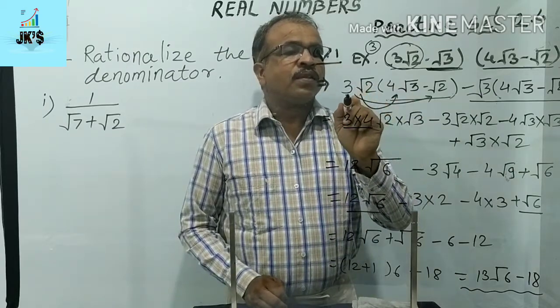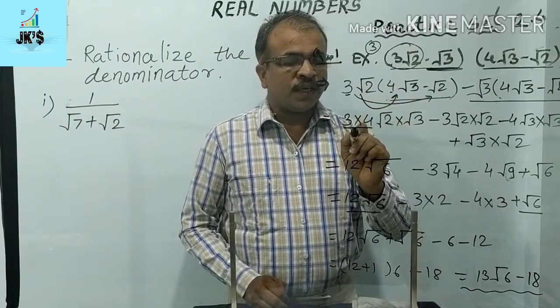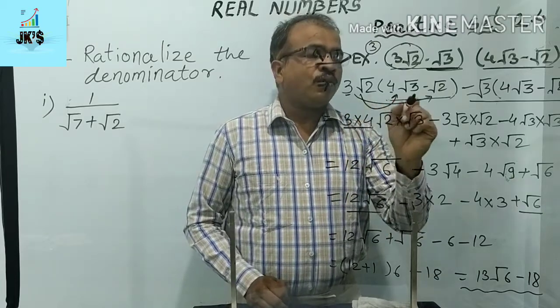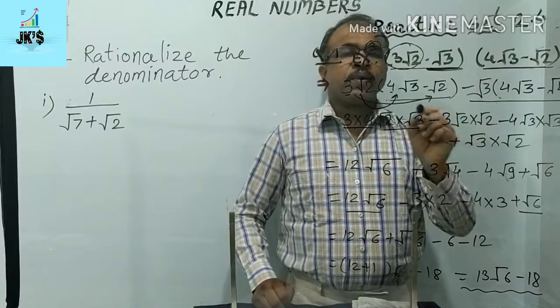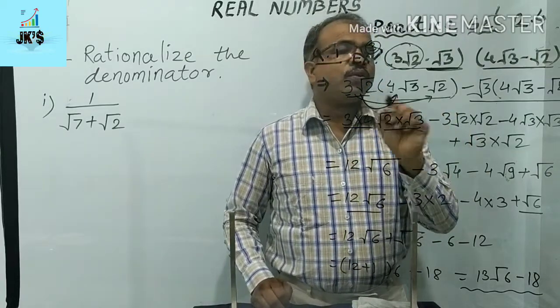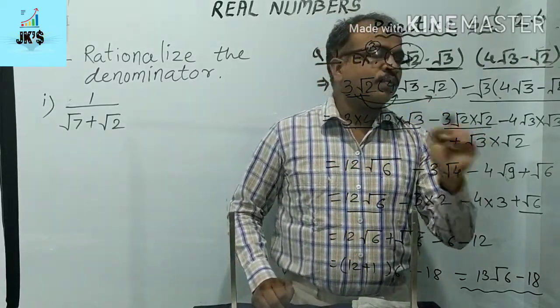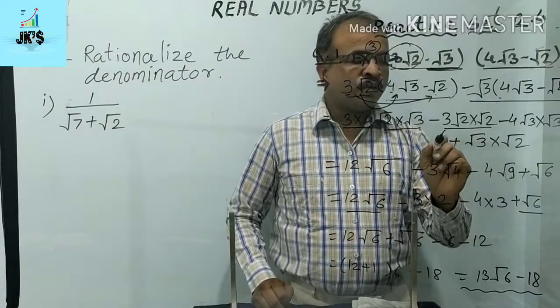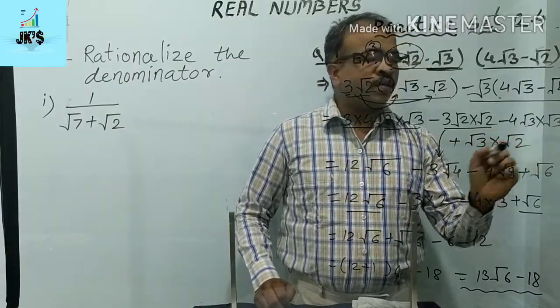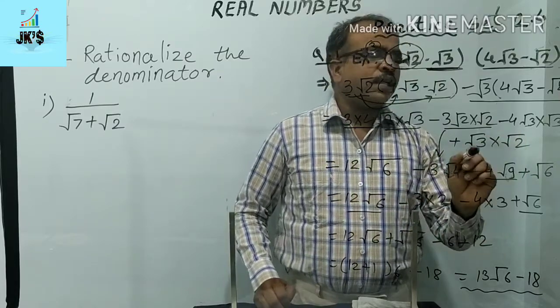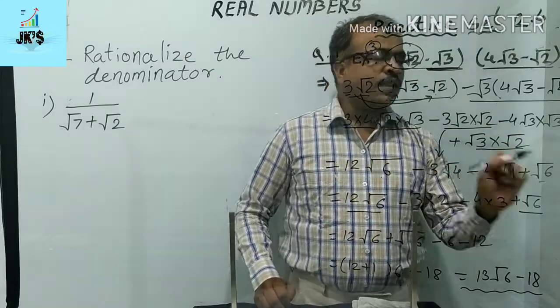What happened? 3 into 4, that is 12. √2 into √3, that is √6. So 3√2 into √2 is 3√4, 4√3 into √3 is 4√9, and √3 into √2 is √6.